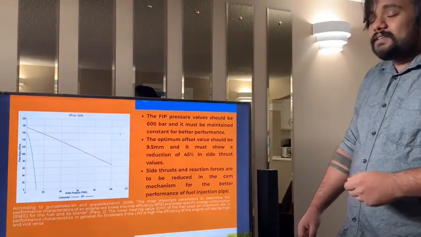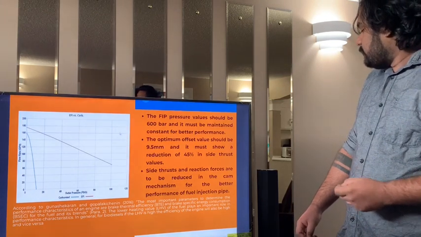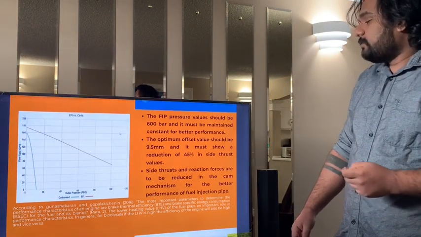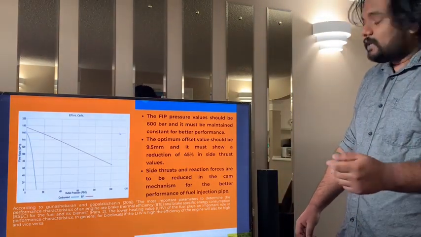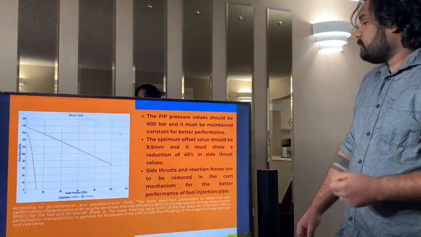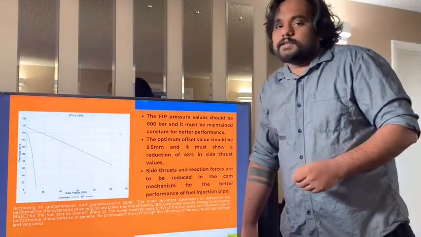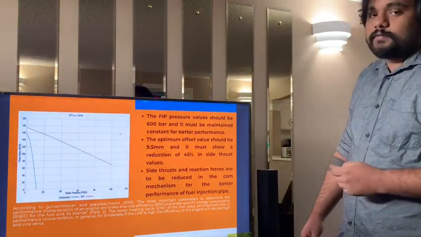He also adds that the lower heating value of the fuel plays an important role in the performance characteristics. In general, for biodiesels with a high LHV, the lower heating value, the efficiency of the engine will also be high, and vice versa. So that complements our graph results a lot.